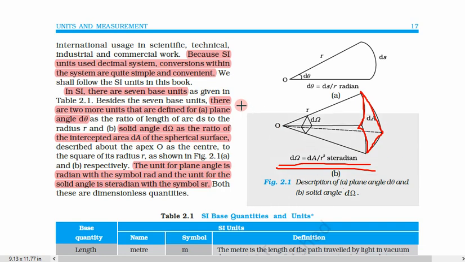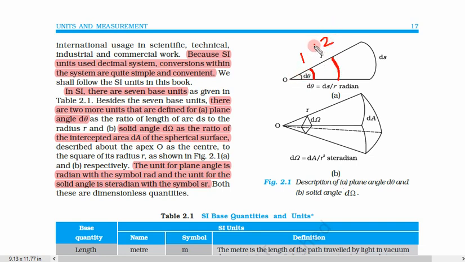One important thing about angle is that suppose you put an arc here, so the length of this arc is definitely more than, this is arc 1, let us say 1, this is 2. So the length of arc 1 is less than the length of arc 2, that we can see.